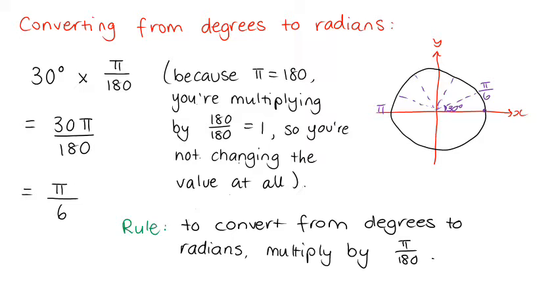That's all there is to it. There's no difference, so right, 270 degrees, you multiply that by, no, it's always pi on 180.